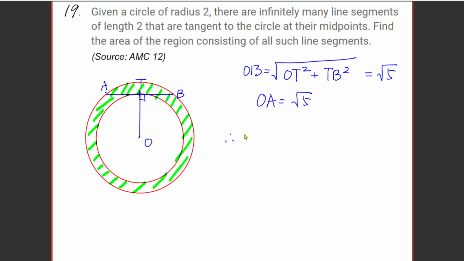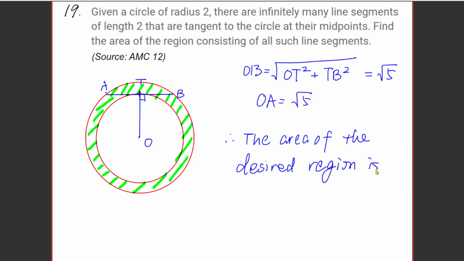So the area of the desired region can be given by square root 5, the radius of the larger circle, squared times pi, subtracted by the radius of the smaller circle squared times pi.